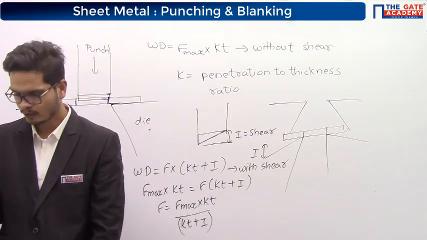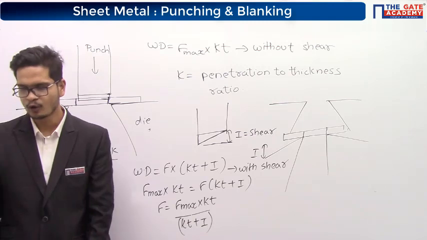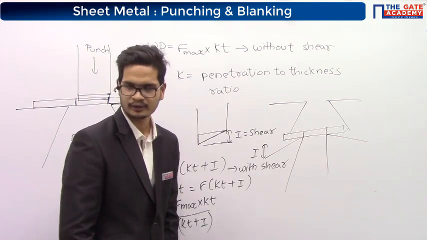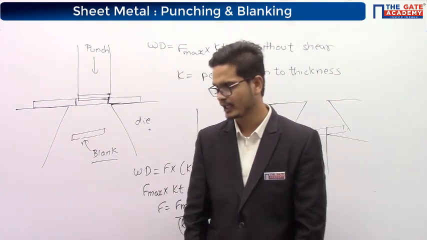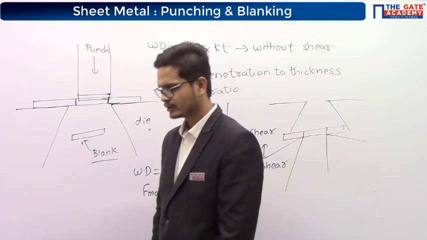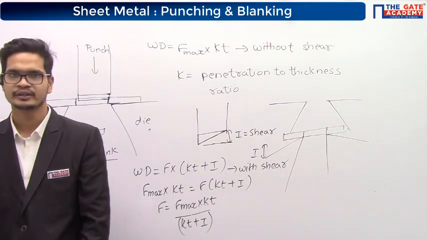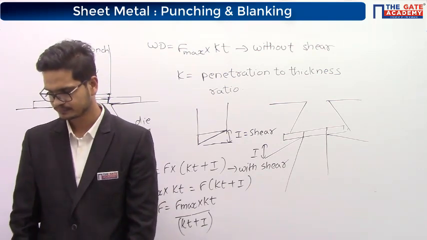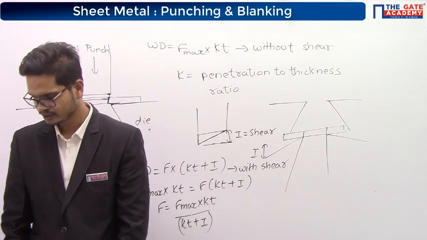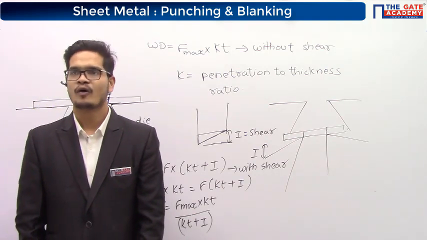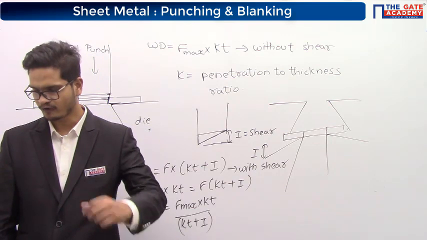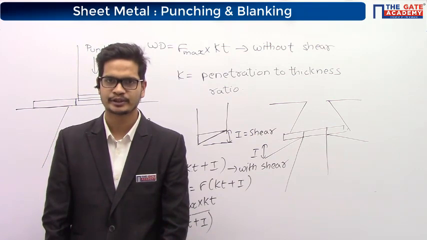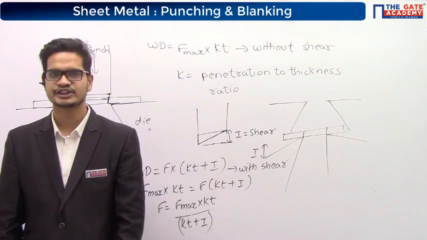Okay. Please write down a question. A hole of 40 mm diameter is pierced in a steel sheet of 4 mm thickness without shear on the tool.